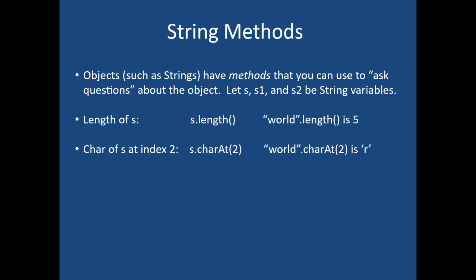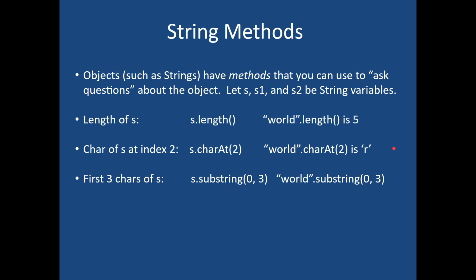You can ask what character is stored at index 2, and that's charAt. So world.charAt of 2 is R, because the indexes start at 0. So W is at index 0, O is at index 1, and so on. You've got to get used to this. It is object, dot, method, and then parameters.